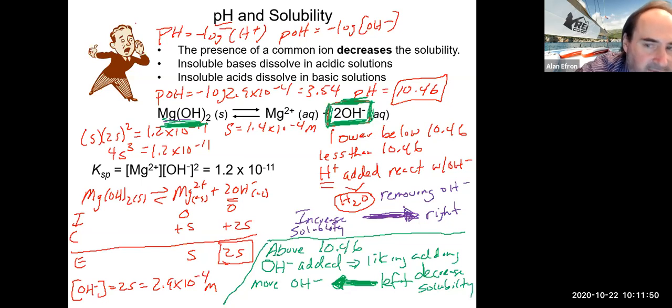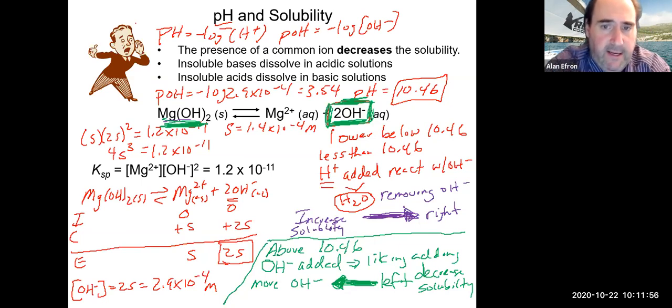So as you can see from this example, the pH is really important as well, especially when you're dealing with acids and bases that are insoluble. Having the right pH can affect whether or not you would anticipate something to dissolve or to be a solid. For example, if we had some magnesium hydroxide, we might expect it to be a solid based on solubility rules.